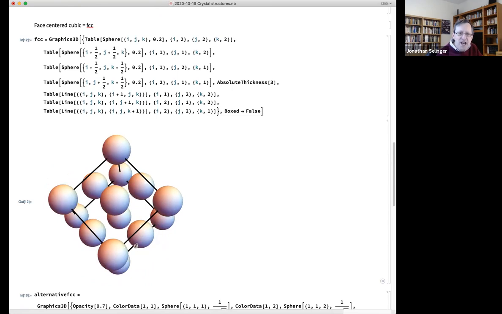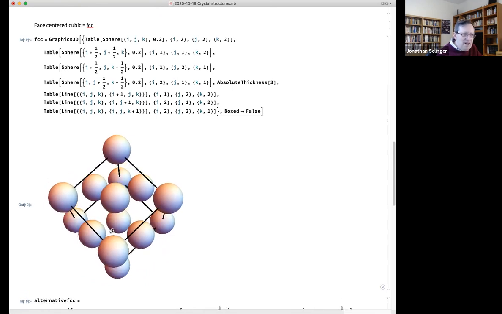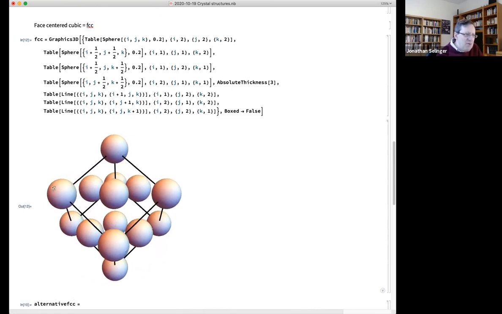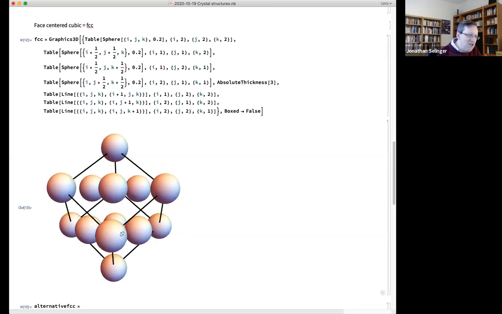So if you put the FCC on its corner, you can see this aspect, which looks like a triangular lattice with multiple layers, right? So here's one triangular layer, then here's another triangular layer. And this atom is part of yet another triangular layer, and so forth. So the FCC could be regarded as a sequence of triangular layers, one on top of another one.